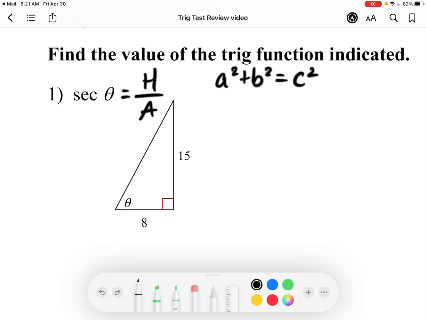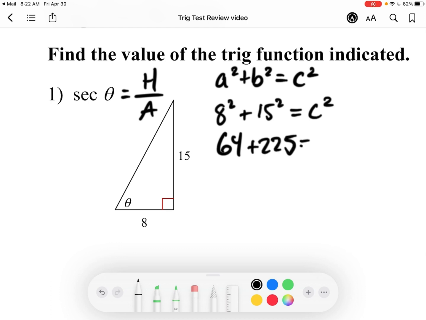So I'm going to replace a with 8 and b with 15. So I have 8 squared plus 15 squared is equal to c squared. You're going to do this on your calculator. 8 squared is 64. 15 squared is 225, equal to c squared.